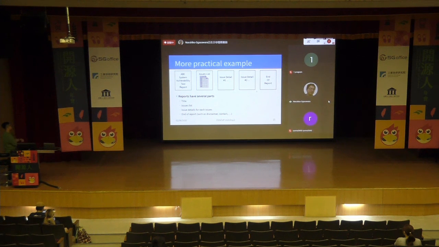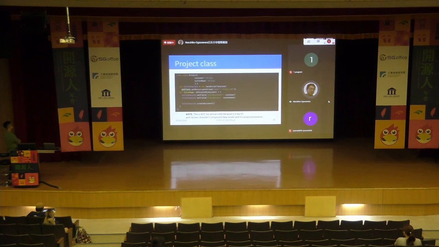Of course, this kind of complex document we can create with the JOpenDocument library. For example, we have a project class, which has a customer name and the system name. The system is the target testing system. So we can create these kinds of classes.